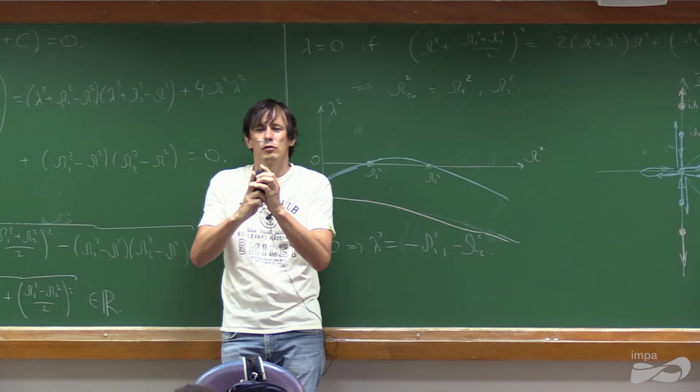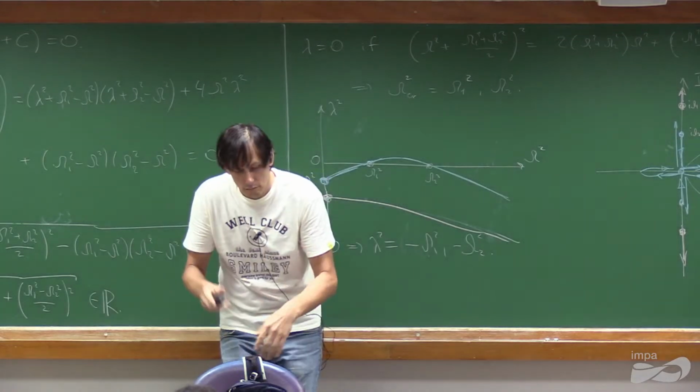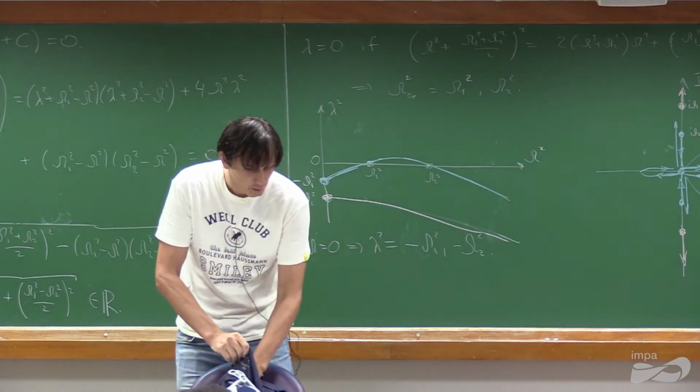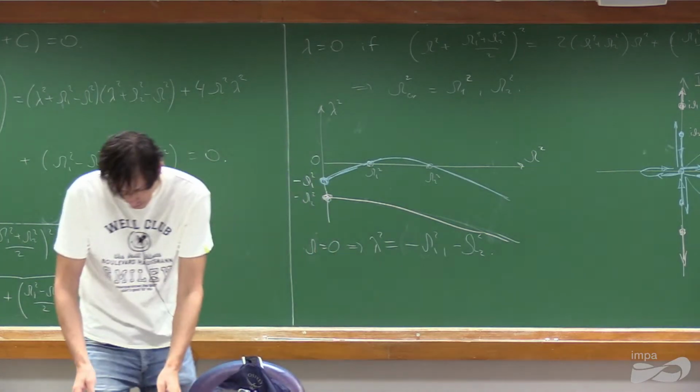If I go slower, even slower, it's difficult. Even slower is becoming more and more stable. So essentially when it's slow enough, it starts rotating stably enough, right? Okay. You can play with this.